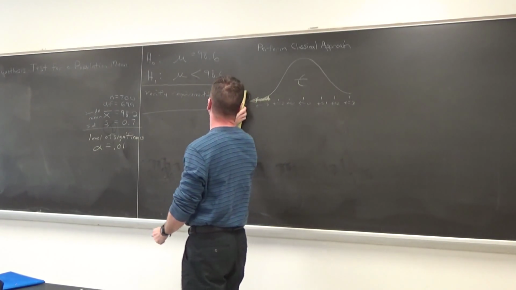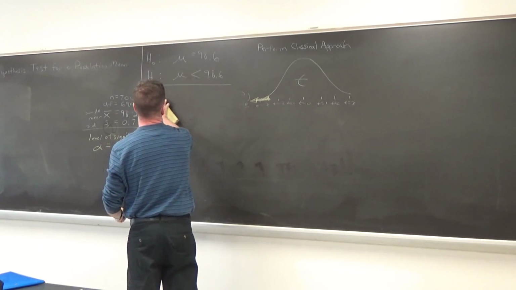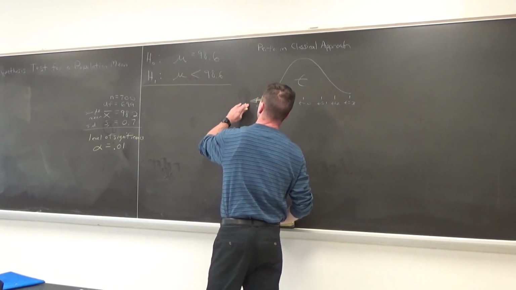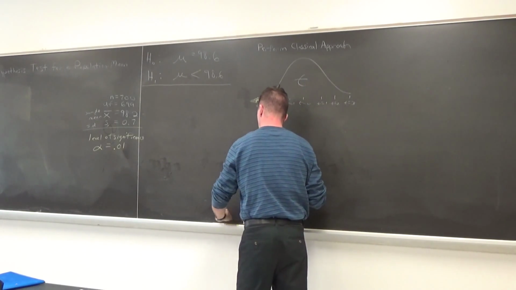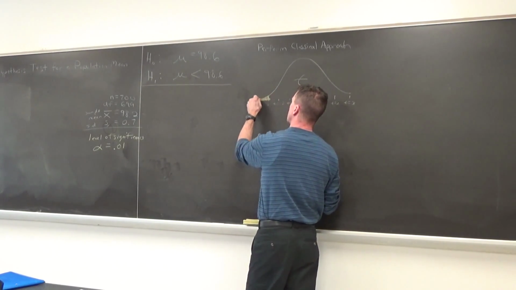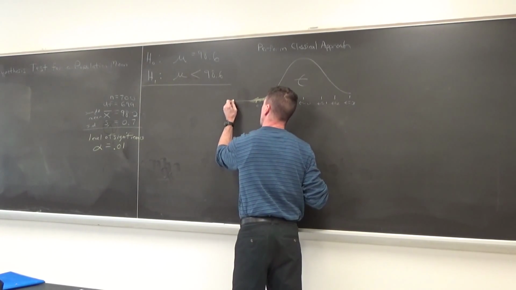I'll move my verification of the requirements just out of the way so everyone can see this. You're like, yeah, this bell curve, it really just goes on forever. And I'm saying the shaded region is 1%, there's not much left over, but it goes on forever that way.